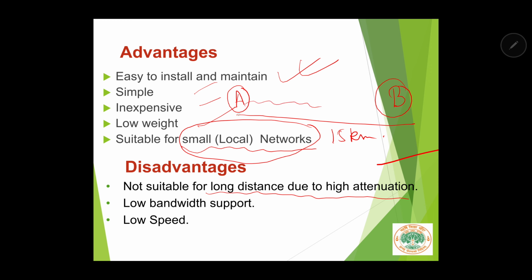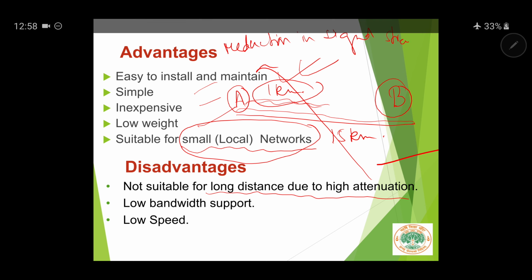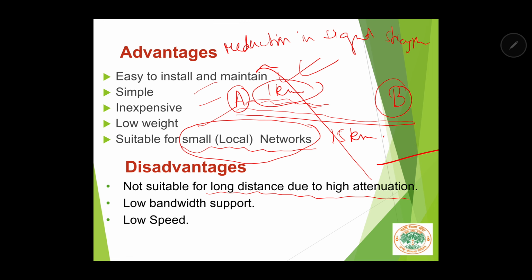But if you connect twisted pair cable for a range of 15 kilometers, what will happen? After 1 kilometer, the strength of the signal will get reduced, and this reduction in signal strength is called attenuation. So we can define attenuation as reduction in signal strength as the distance increases.